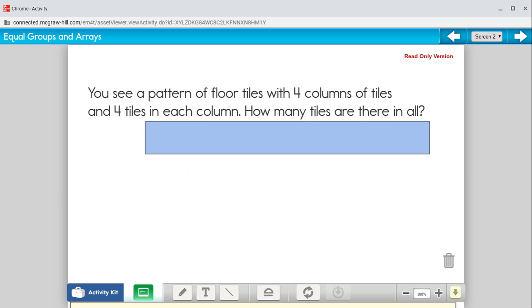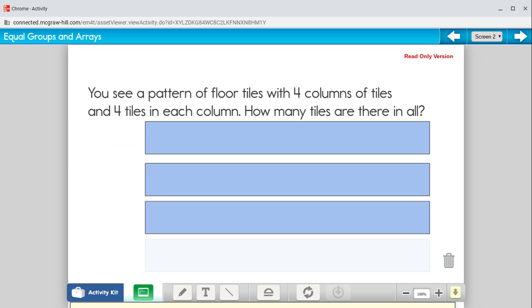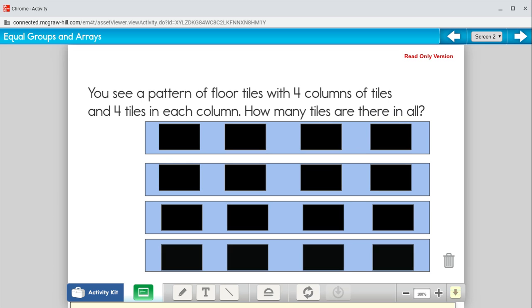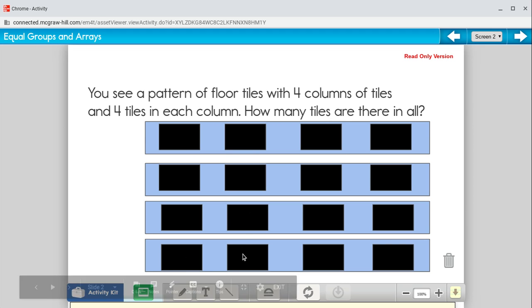So this is our 1 row, 2 rows, 3 rows, 4 rows. All right. And we have 4 tiles in each. All right, so now the way this number story is set up is saying here is 1 column of 4, 2 columns of 4, 3 columns of 4, 4 columns of 4.